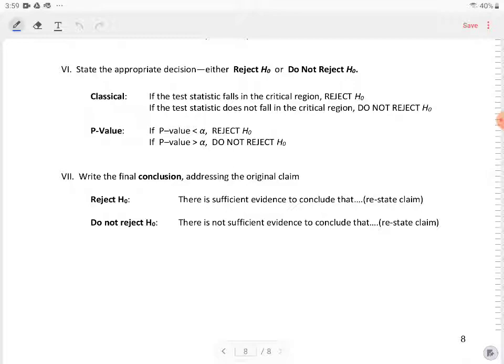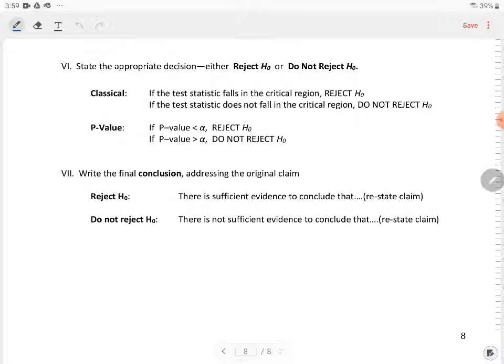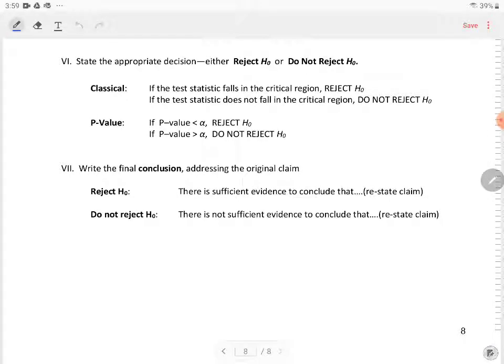And so to write your conclusion, addressing the original claim: there is sufficient evidence to conclude, and then restate the claim. Or if you do not reject, there is not sufficient evidence to conclude that, and restate the claim. So we will see how to write out our conclusions, how to write out a hypothesis test, next class. Have a good day.